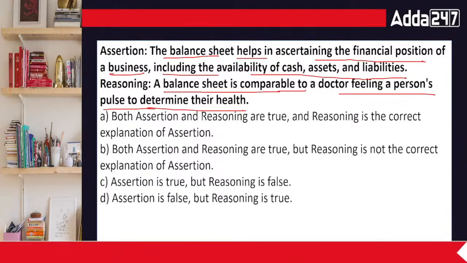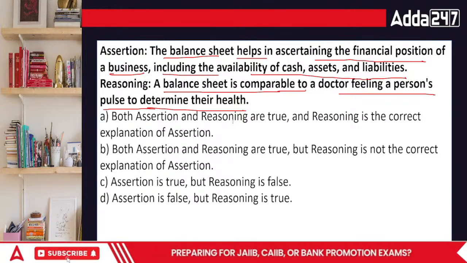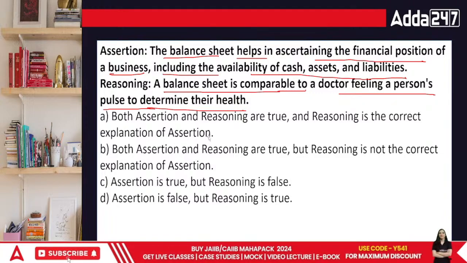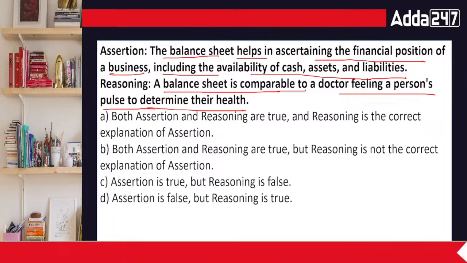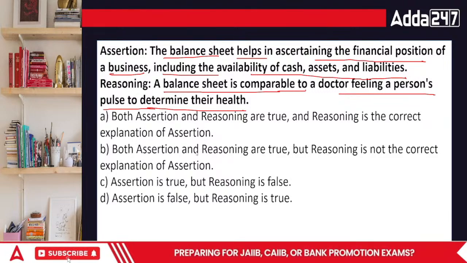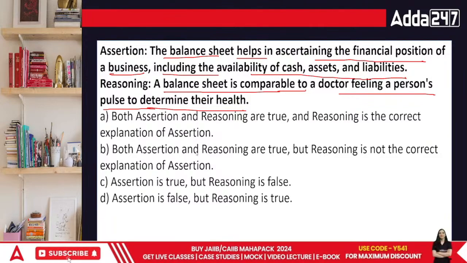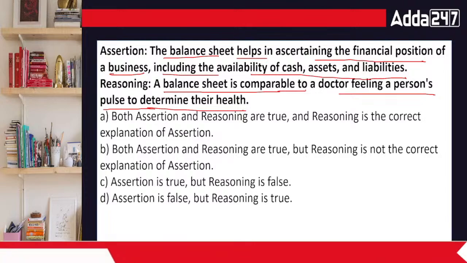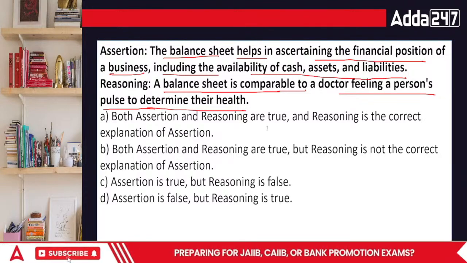That is, what exactly is the position of the organization, how many debts they possess, how many loans they have, and how many loans have been paid off as well. We need to know what amount they owe to someone else, or how much they are paying to someone else. This is important for us.